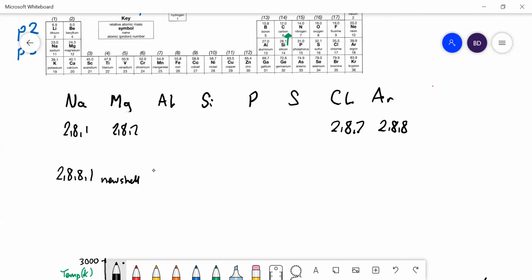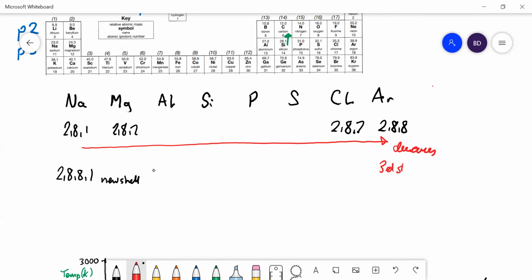So the atomic radius of these elements actually decreases as you go across. The reason it decreases is because you're still filling the 3rd shell all the time, but as you go across the period, the nuclear charge increases. So argon will have the smallest atomic radius, and then you've got to start a new shell at potassium, so all of a sudden the radius goes much bigger again. That's the trend there.